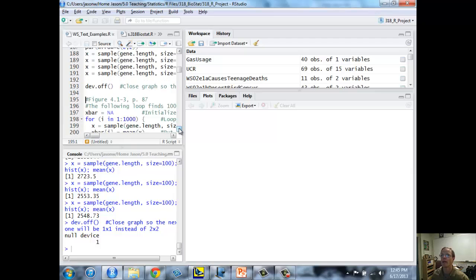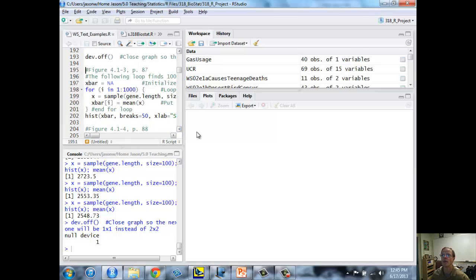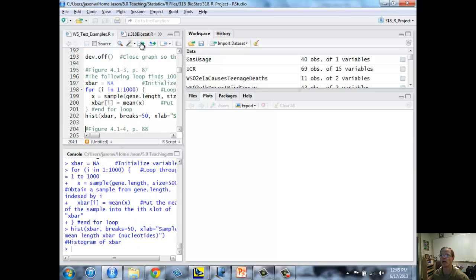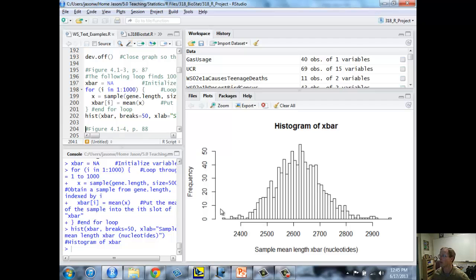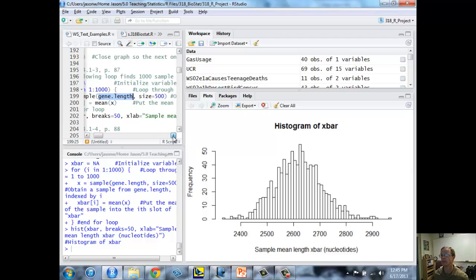All right, now let's get into the nub of it here, and I'm just going to run this next block of code and then comment. This does not look like the skew right distribution that we saw before, and it says histogram of X bar. What happened? Well, what happened was I took a sample from the same set of all genes.